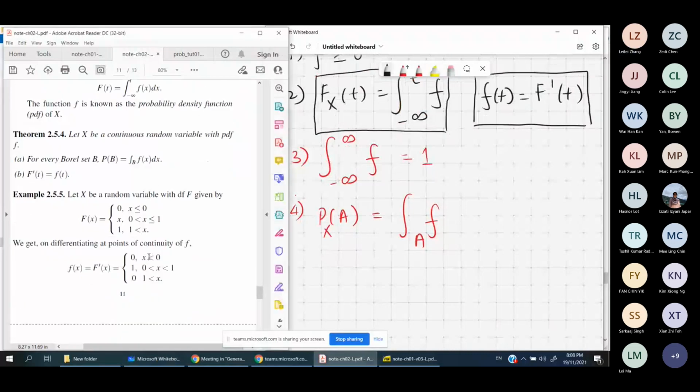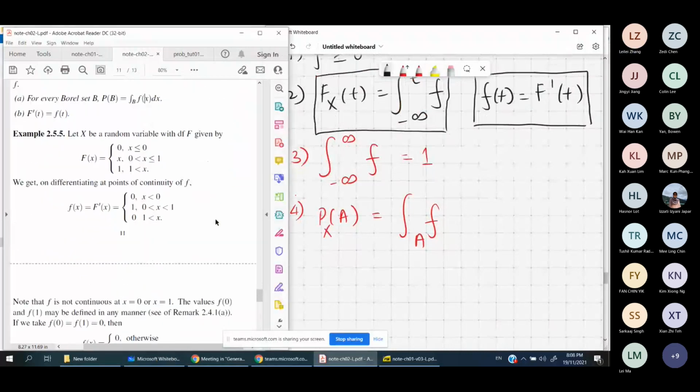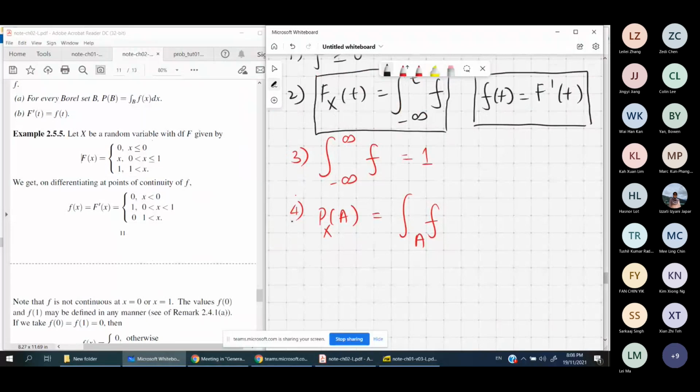I think now these examples are so straightforward here. Supposing X is a random variable and F is given like this, the distribution function is given. We can use it to calculate the density function over here.